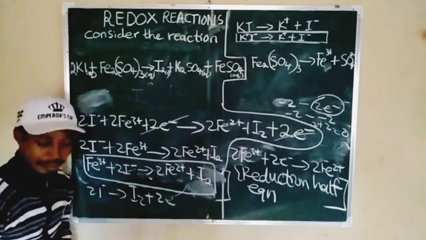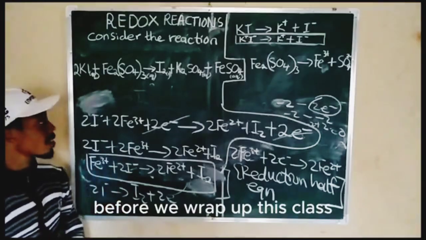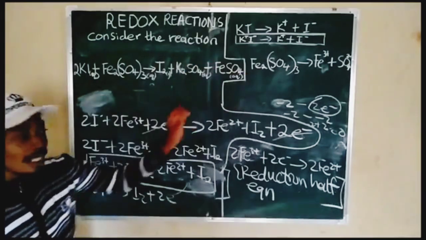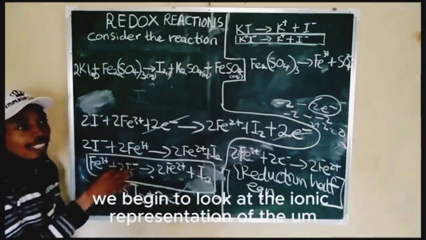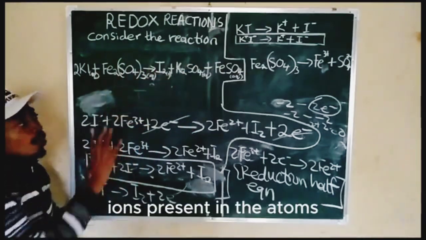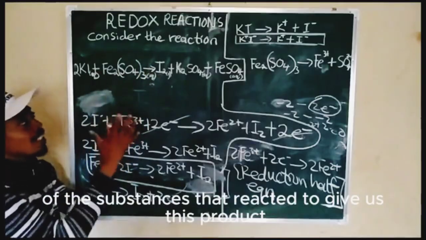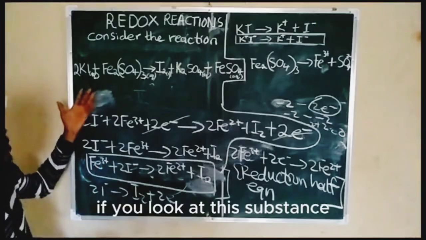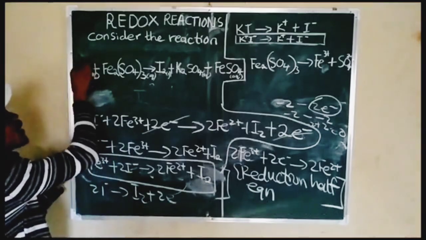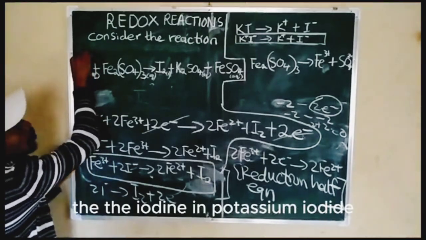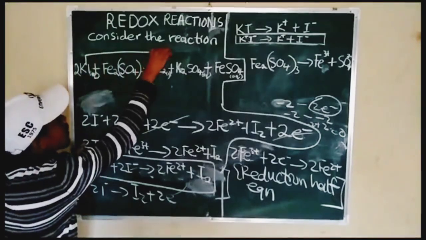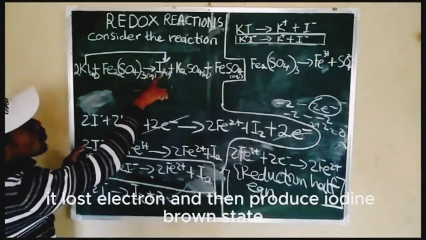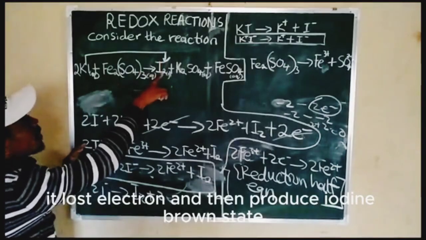We proceed. Before we wrap up this class, let's go back to the normal chemical equation, before we began to look at the ionic representations of the ions present in the substances that reacted to give us this product. If you look at this substance, you will see that the iodine in potassium iodide lost electron and then produced iodine ground state.